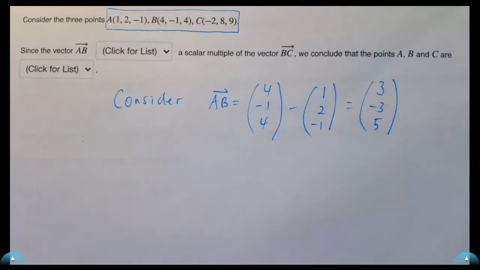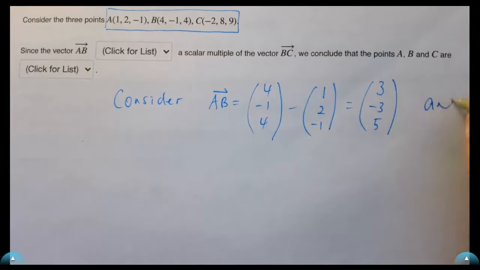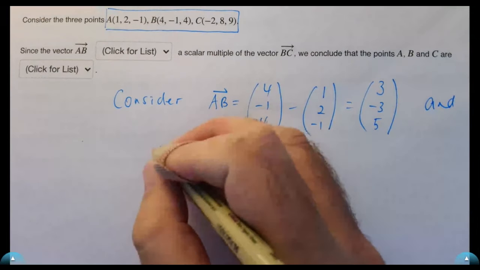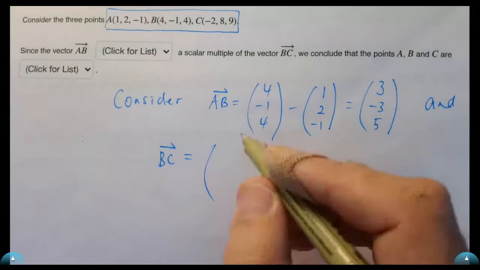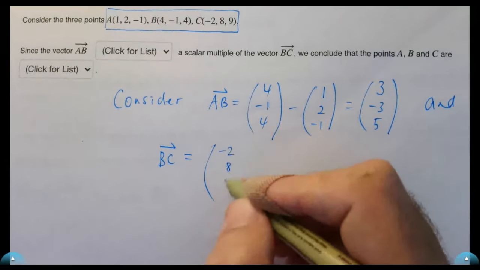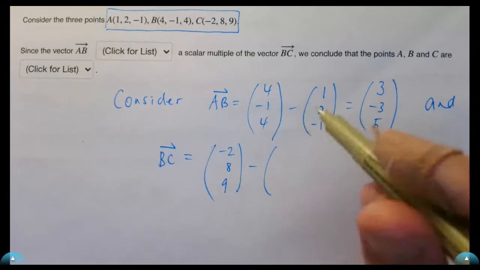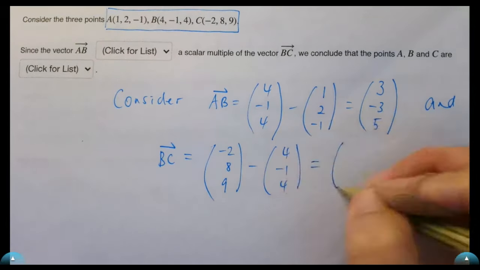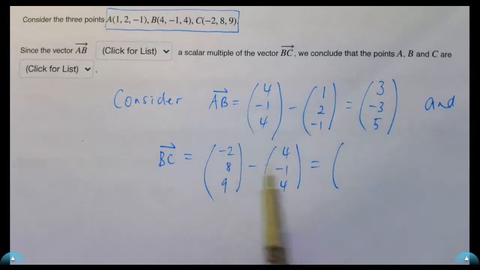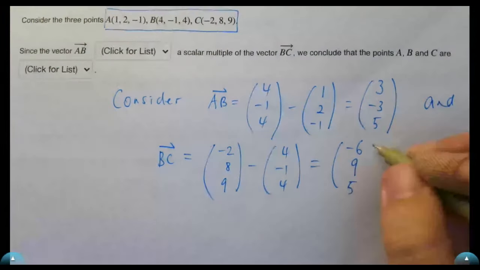So now let's compute the vector from B to C. So this will be the position vector of C minus the position vector of B. So again, quite simple calculations. 8 plus 1 is 9. 9 minus 4 is 5.